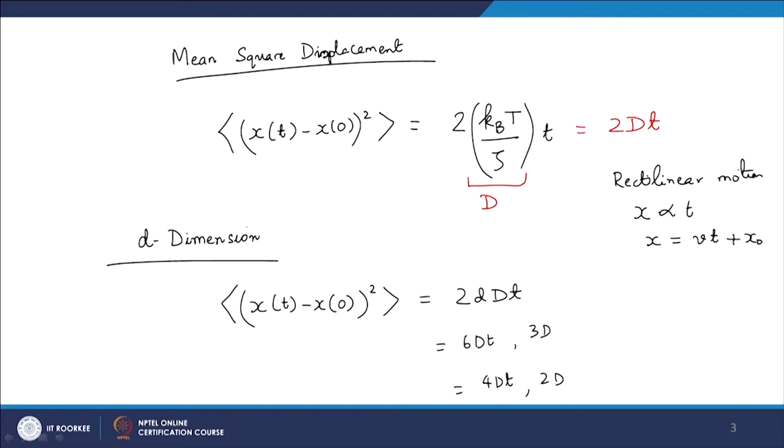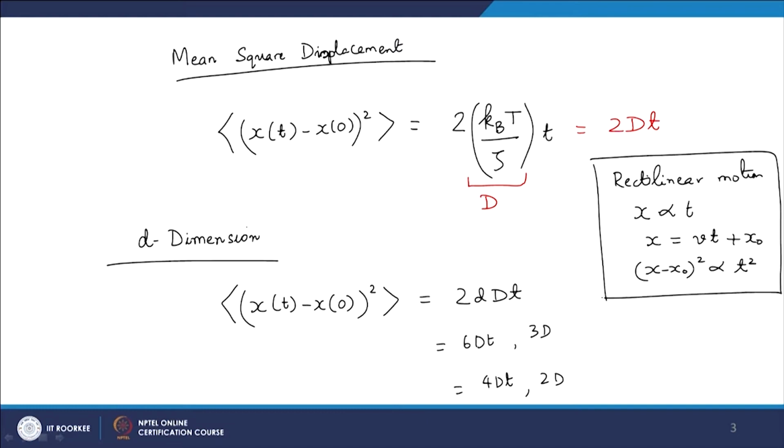So, in that case what we do get is (x - x0)^2 would simply be proportional to t^2. If we think of a motion like a rectilinear motion or motion of a projectile, for example, we see that the mean square displacement goes like t^2.